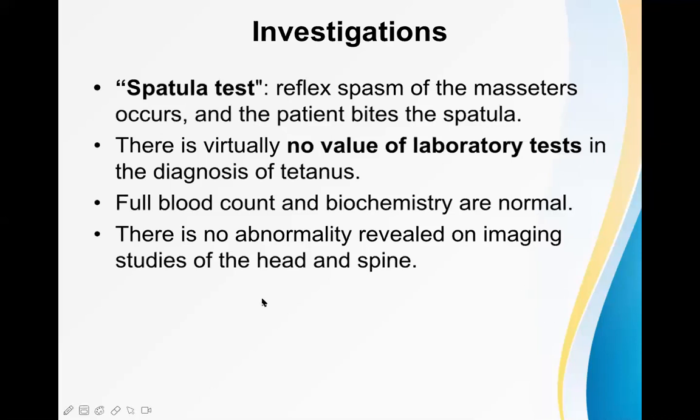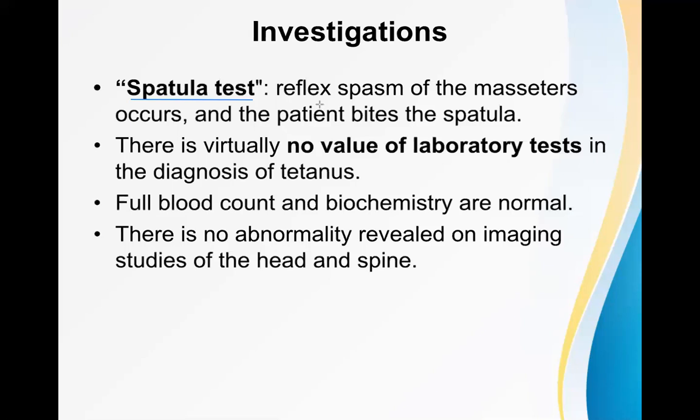Now, one of those is the spatula test. Spatula test. Now, what do you mean by that? Let's talk about it. This spatula test is putting a spatula inside the oral cavity and trying to touch the posterior pharyngeal wall. In a normal person who does not have tetanus, the gag reflex will be initiated if we do that.